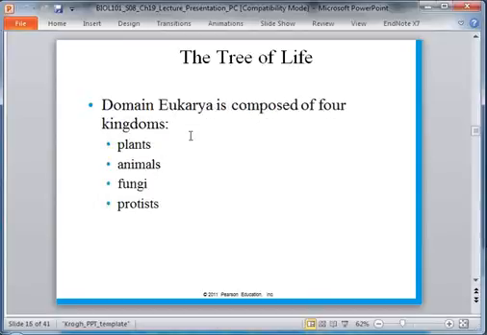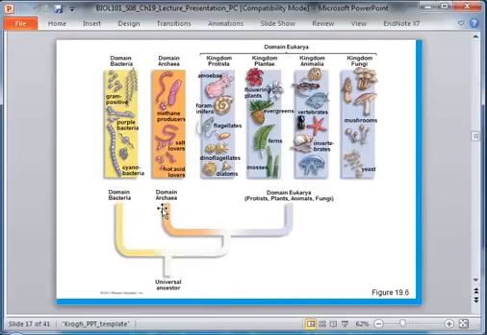Eukaryotes are things that you're a little bit more familiar with, like plants, animals, fungi, and this group of protists, which are single-celled eukaryotic organisms. We will talk about these different groups in the next several sessions, as I mentioned earlier. This is just kind of an introduction to them, and we'll explore them further later.